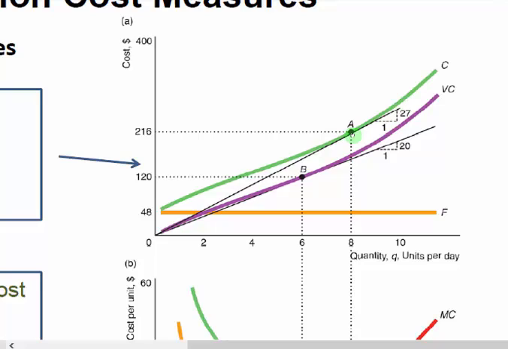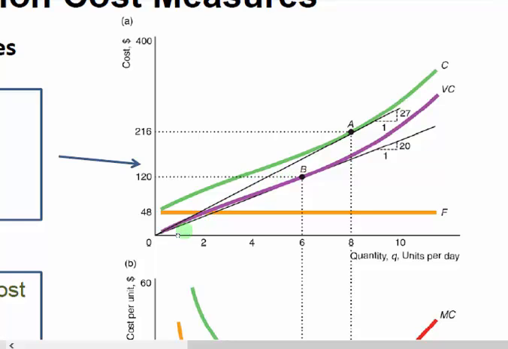So now if I change my view from a radiant to a tangent, then the slope of those tangents, there are many different tangents here, will be the marginal cost.